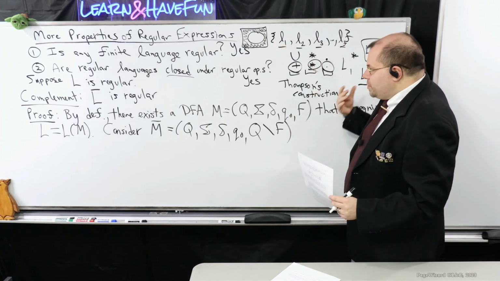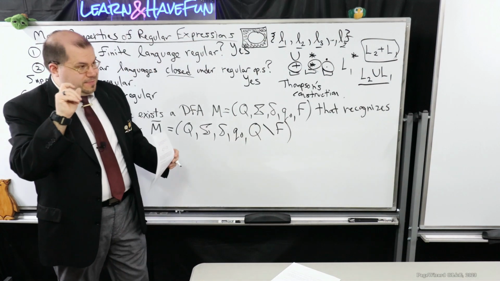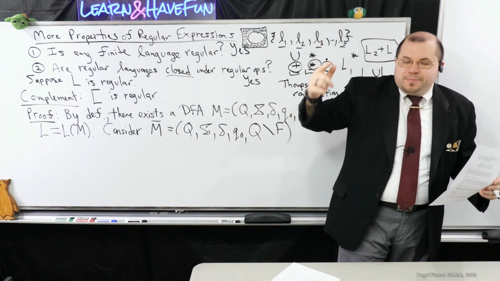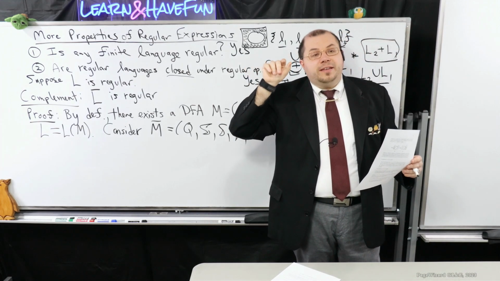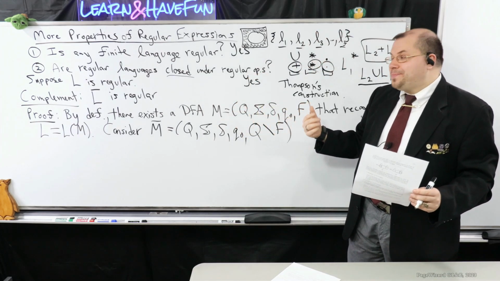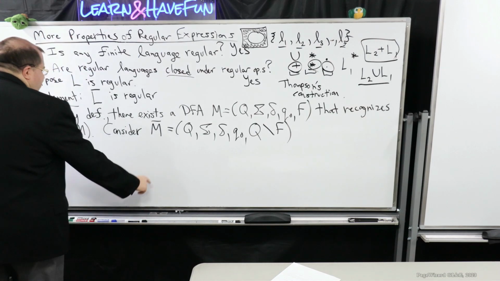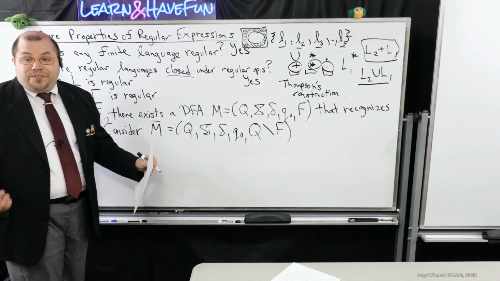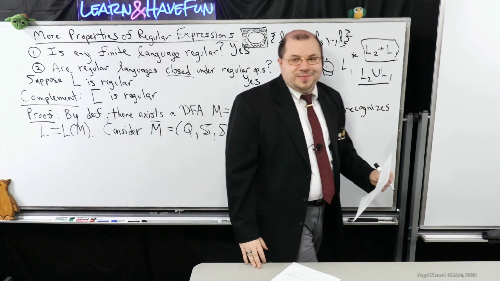Recall that when a DFA reads an input string, it makes transitions symbol by symbol, and it accepts if it ends in a final state. What I am proposing is that we consider the new set of final states to be every state but the original final states.